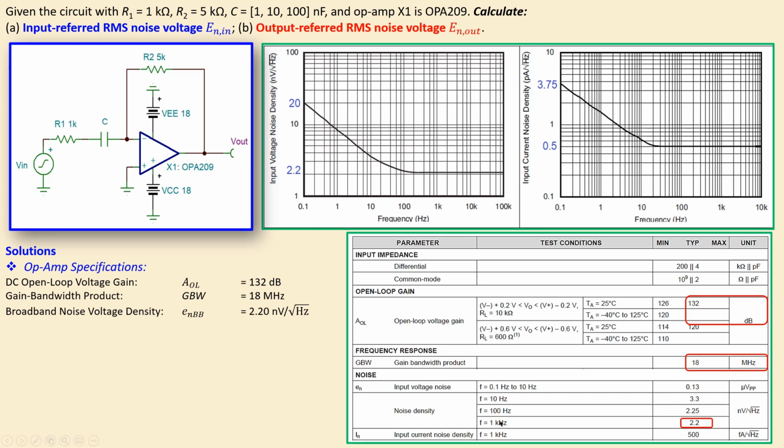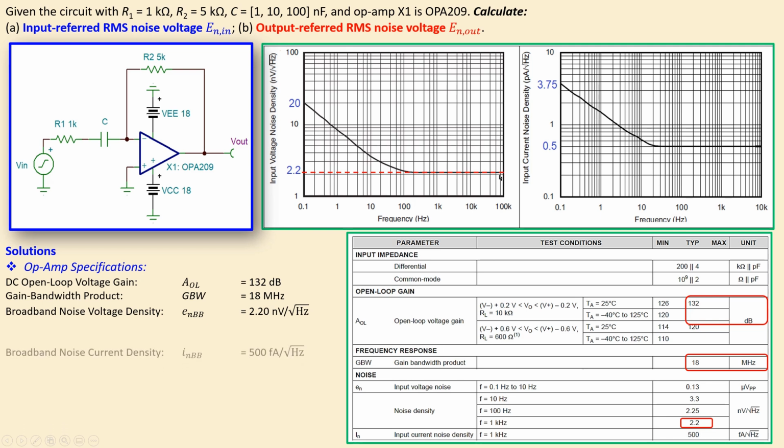This is also seen in the plot here on the left side. So if you look at this and determine the values of this horizontal line, this part of the graph is independent of the frequency. This part is dependent on the frequency, and is also called the 1 over F noise part, and this is called the broadband or white noise part.